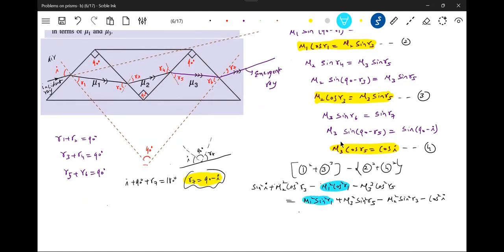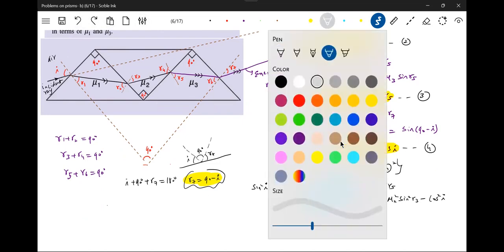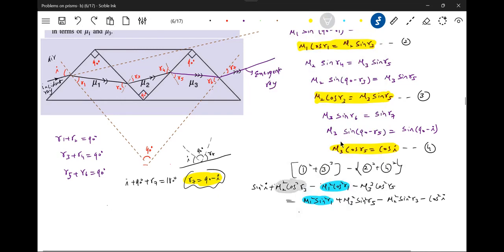Regrouping, mu2 square cos square R3 and mu2 square sin square R3.